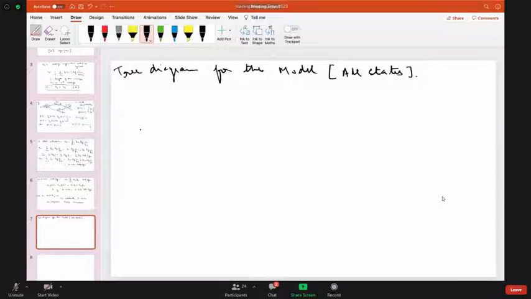So let's start by drawing a tree diagram considering that we are in state 1. We know that state 1 has a probability of 1 by 2. Then there is a transition to state 1, which means symbol A is emitted, and this probability is 1 by 3 according to the Markov model given to us.